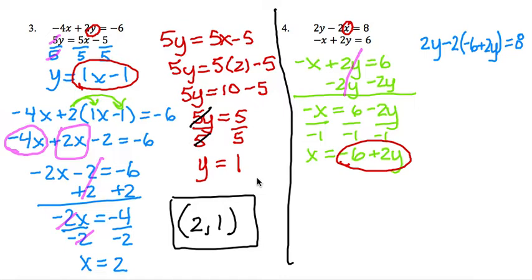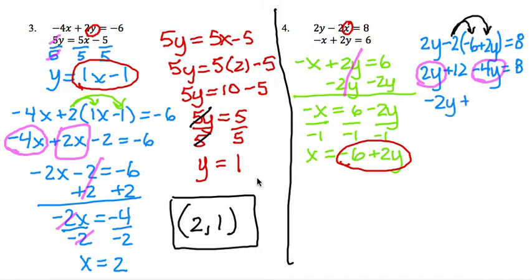So I need to distribute here, and keep in mind that what I'm distributing is a negative 2. So I have 2y plus 12 minus 4y equals 8. I have like terms on the left-hand side. 2y and negative 4y are like terms. So negative 2y plus 12 equals 8.